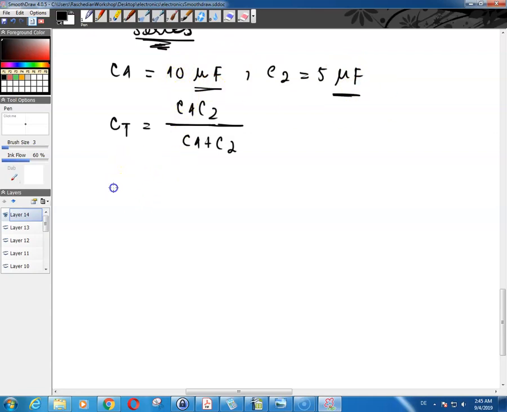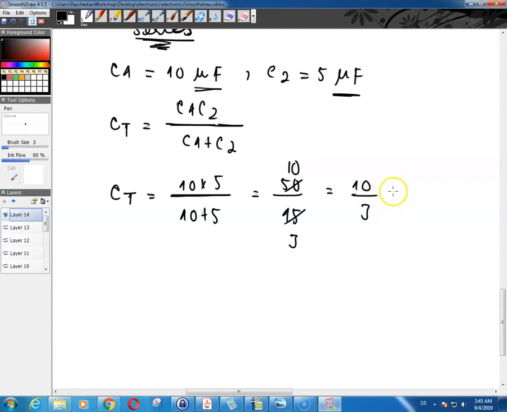So C of t is equal to 10 times 5 over 10 plus 5, which is 50 over 15, which is 10/3 microfarad, something about 3.3 microfarad.